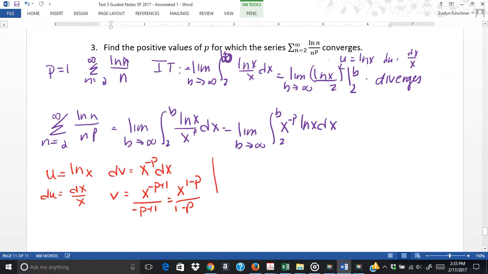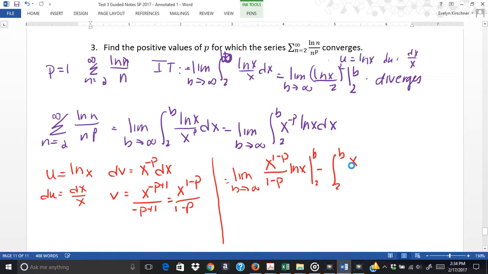So now this whole thing is the limit as b goes to infinity of uv, which is x to the 1 minus p over 1 minus p times the natural log of x from 2 to b, minus the integral from 2 to b of v du, which is x to the 1 minus p over 1 minus p times dx over x.